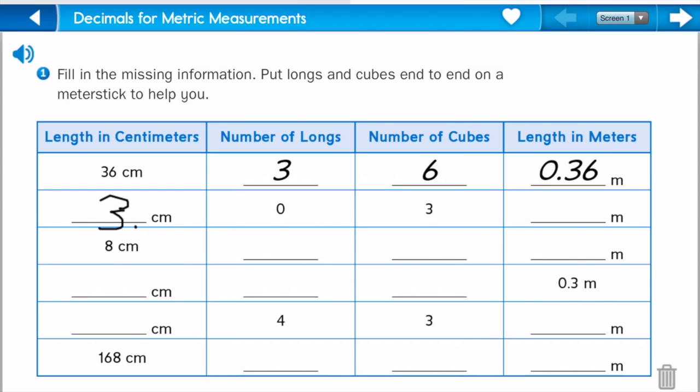So the decimal would be after the 3, and we move it 1, 2. And we fill in that spot with a 0. So our length in meters is 0.03. And we know that is 3/100 of a meter.